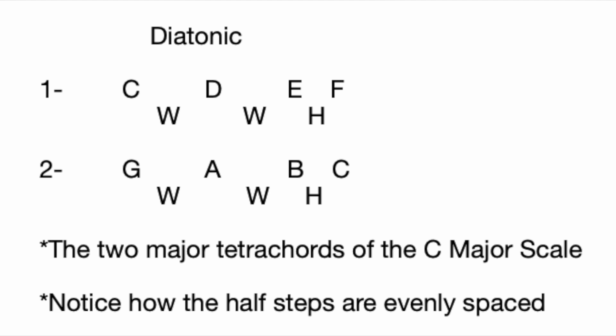And then if you look at the next 4 notes in the C major scale, G, A, B, C, you'll see that those patterns are the same too. Whole, half. So diatonic means that we're making 2 of these patterns of whole halves. Di meaning 2. So that's where that comes from.